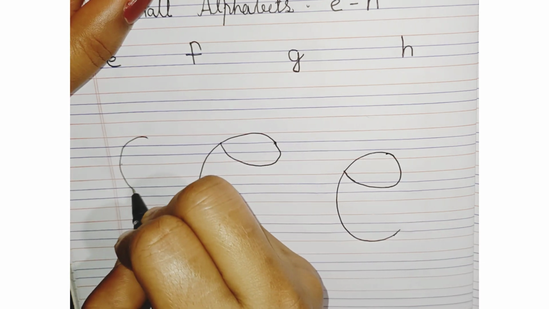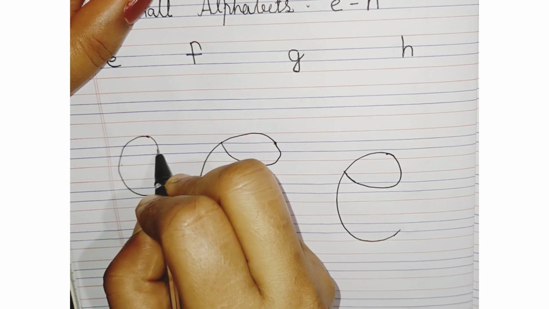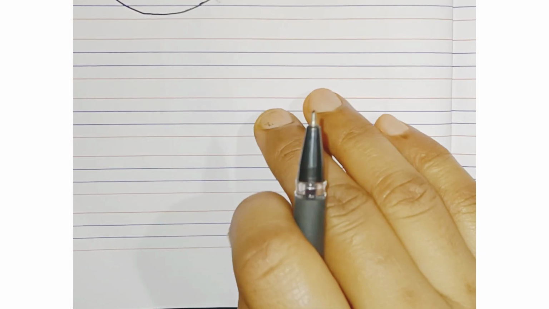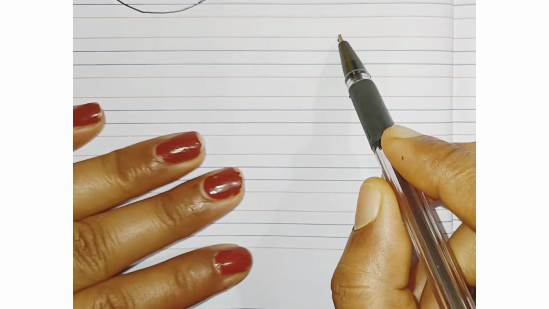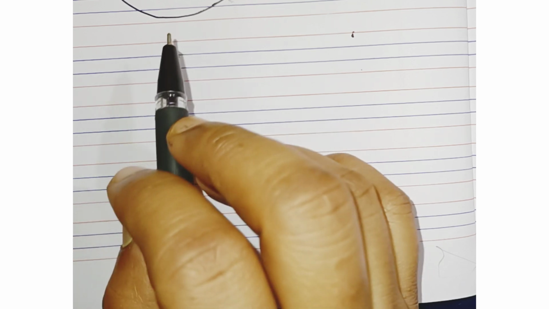first you'll make one C. Then, after knowing the pattern of small e, you need to know how you can write e in these lines. As you have learned how to write C in between these two lines, just like that you have to write e between these two lines.